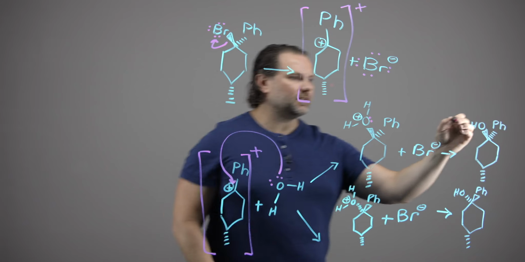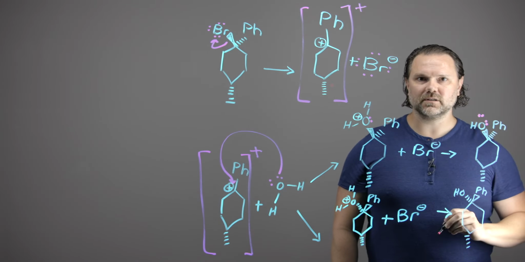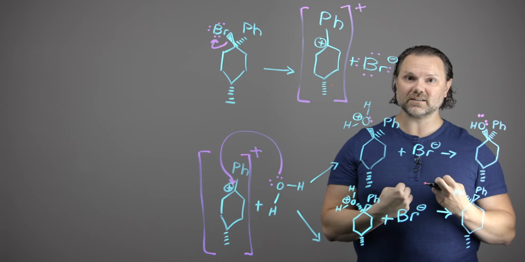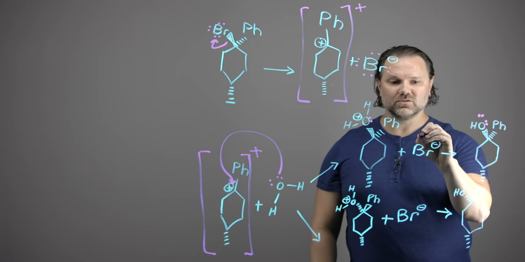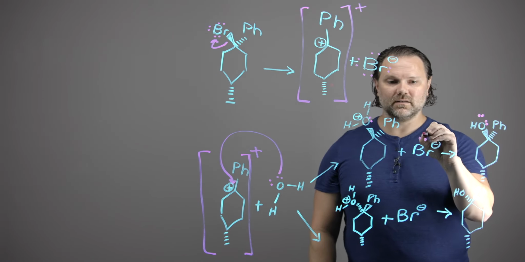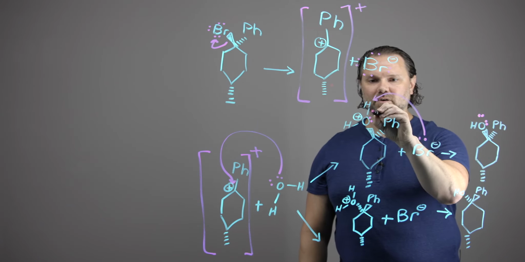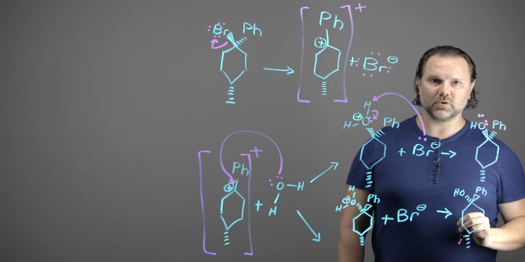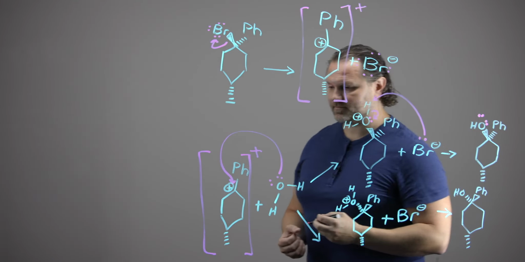In this product, we have 2 lone pairs on the oxygen. So we can tell that the oxygen has received the electron pair when it lost the proton. So bromide will attack that proton, and this bond will break, move onto the oxygen, forming our product, and we have a byproduct, hydrogen bromide.